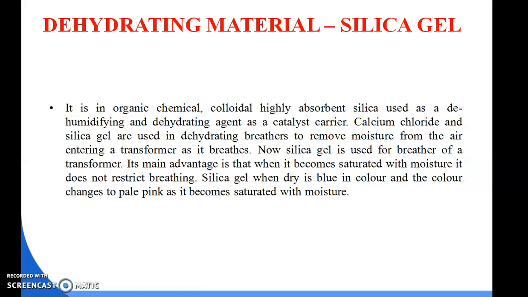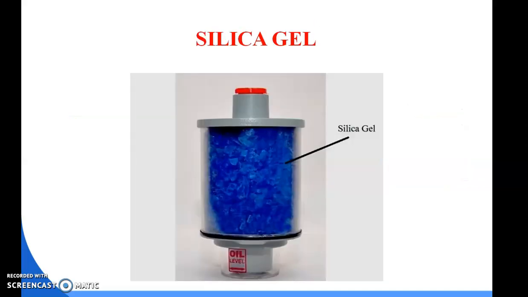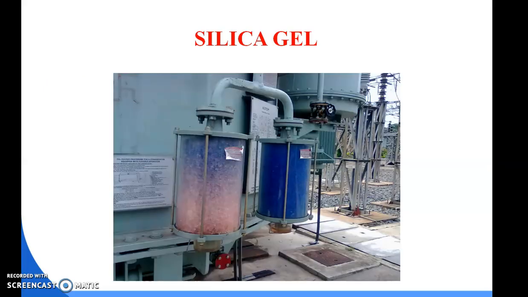Generally, from an electrical point of view, we use it in our transformer. This is silica gel, we can see it, and when it absorbs moisture, it becomes pale pink. See here, this is the pale pink color it obtains when it absorbs moisture.